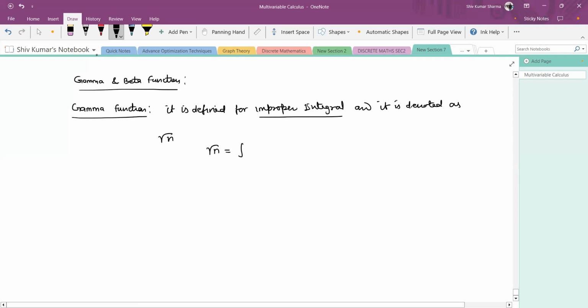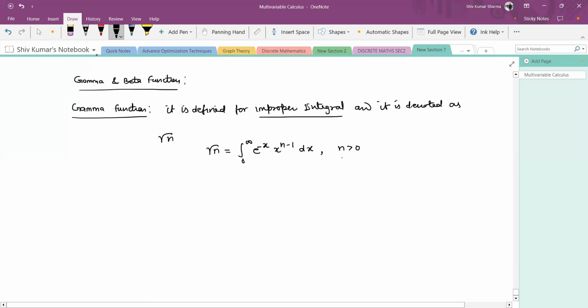Gamma n is equal to integral 0 to infinity e raised to the power minus x, x raised to the power n minus 1 into dx. This integral is defined only when n is greater than 0, so n should be positive.